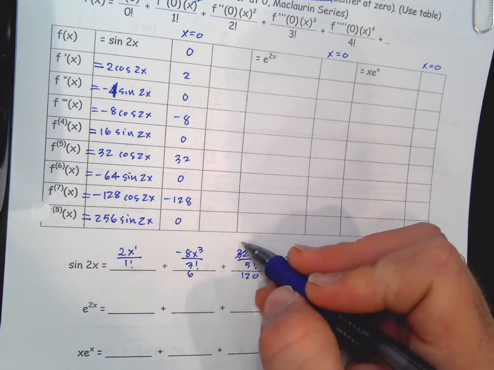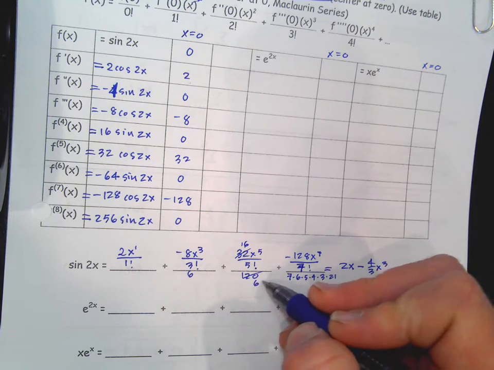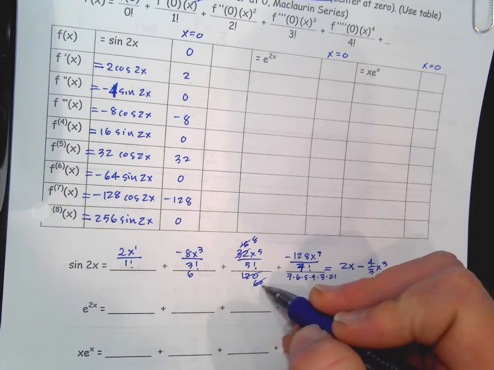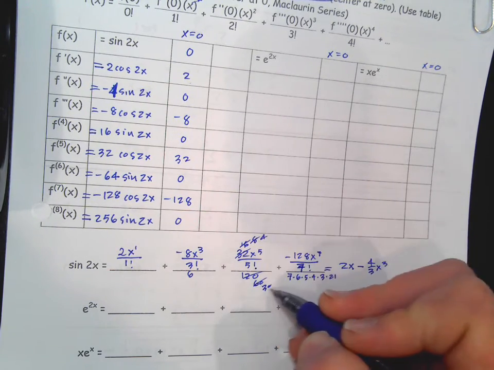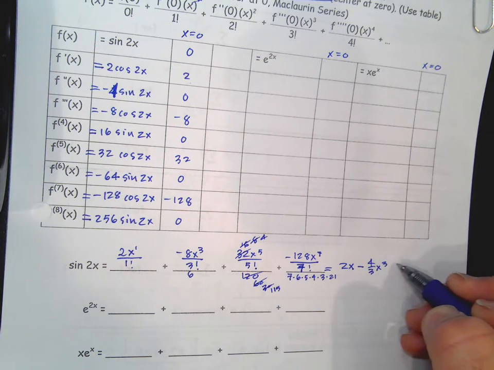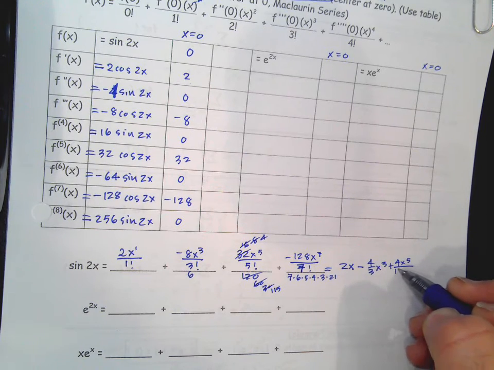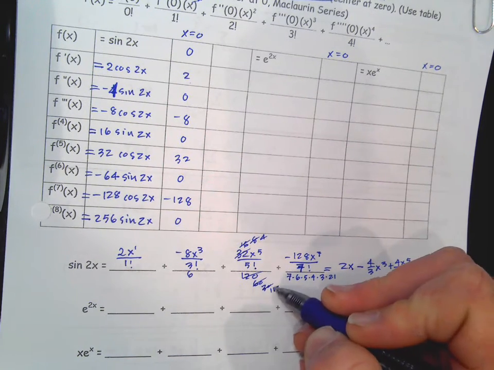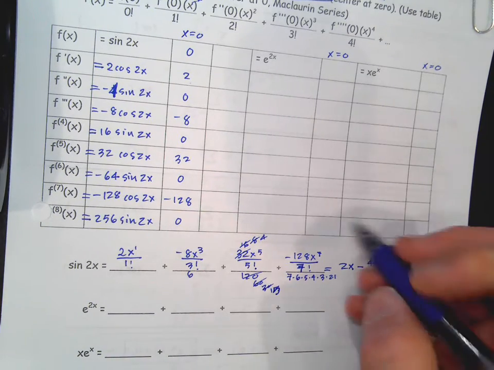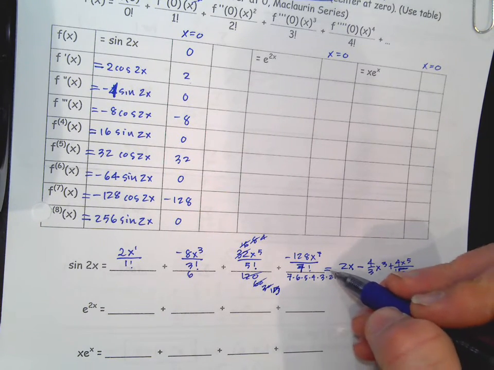I would take 2 out of both of these, and then 2 out of both of these, and 2 out of both of these. So it's going to be 4x to the 5th over 15. And then the next one, we could take a 2 out of this.